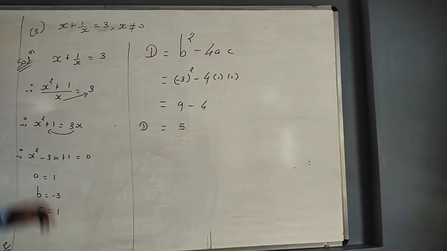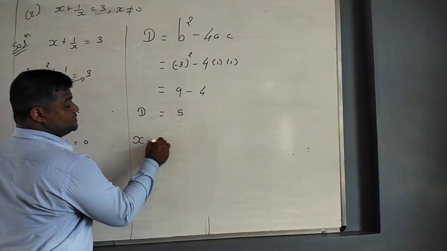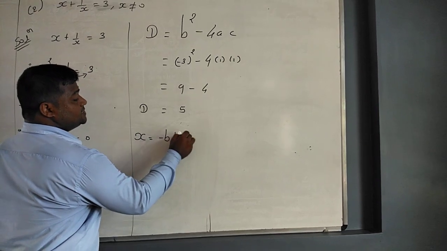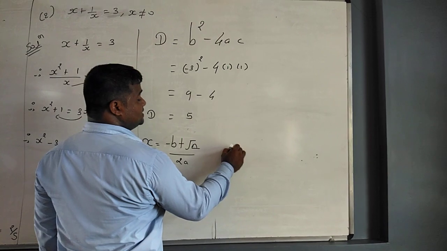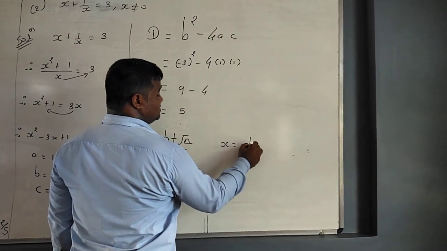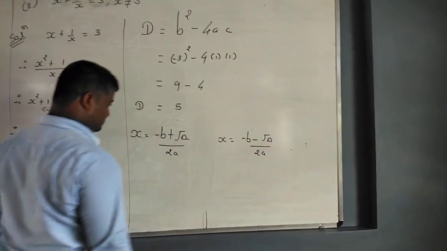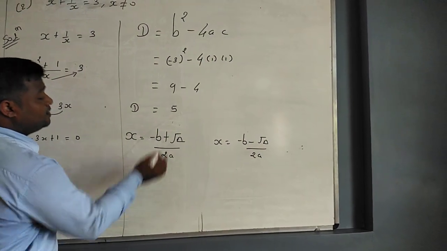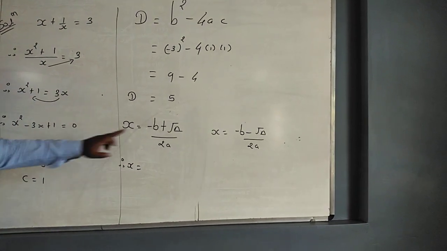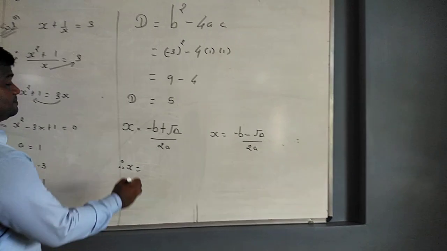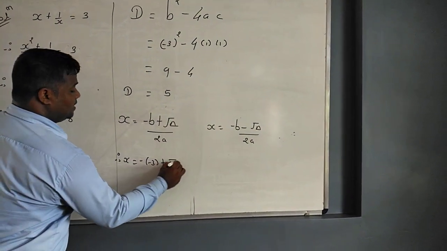Now according to the quadratic formula, you have the two roots. That is, one root is x is equal to minus b plus root delta by 2a, and another one is x is equal to minus b minus root delta by 2a. Instead of delta or d, whatever you want to write, you are going to be right. What is the value of b? The value of b is minus 3, under root delta, so I am going to write under root 5.